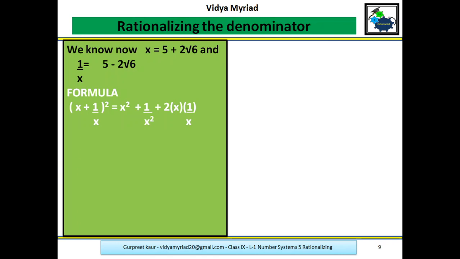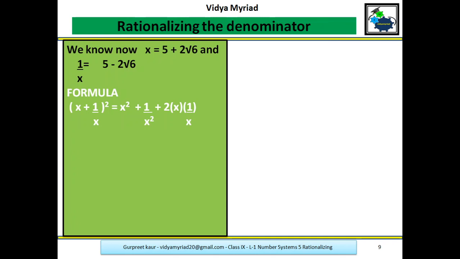It is x plus 1 upon x the whole square is equal to x square plus 1 upon x square plus 2 into x into 1 upon x. Those of you who find a little confusion, you can first write the identity a plus b the whole square is equal to a square plus b square plus 2ab. a is equal to x and b is equal to 1 upon x. Just substitute it, you will get this.